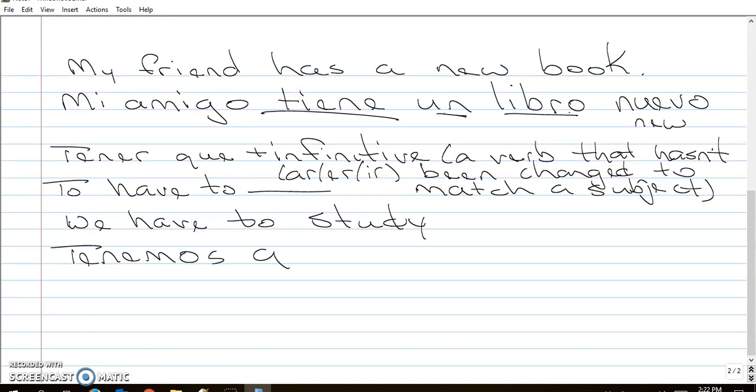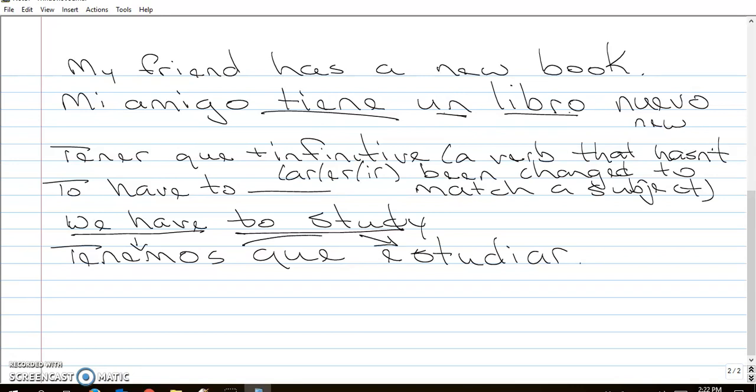Tenemos que, and to study is estudiar. Now, if you do a word-for-word translation, we have is tenemos. To study is estudiar. This que doesn't have any meaning. It's just kind of a placeholder. It does have to be there, but once again, carries no meaning. So we have to study, tenemos que estudiar.